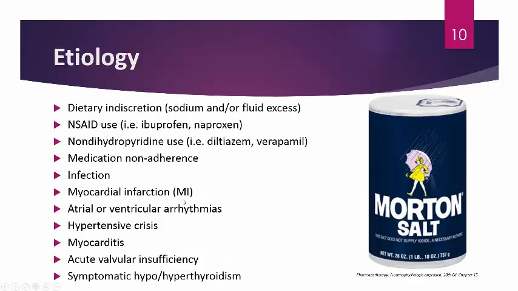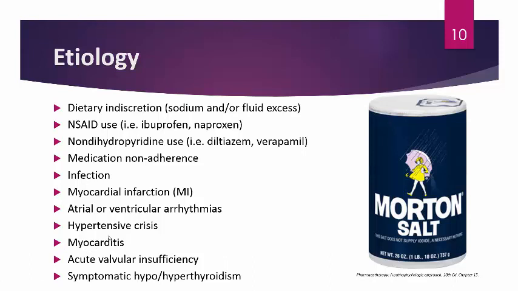Myocardial infarction, because any kind of damage to the heart can prevent the heart from pumping properly. Atrial or ventricular arrhythmias can also lead to eventual heart failure. Hypertensive crisis can make it also difficult for the heart to pump properly. Myocarditis, or an inflammation of the heart muscle, can make it difficult for the heart to pump.